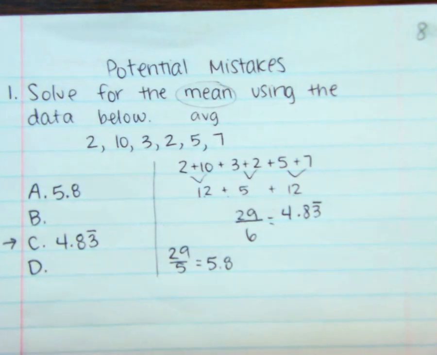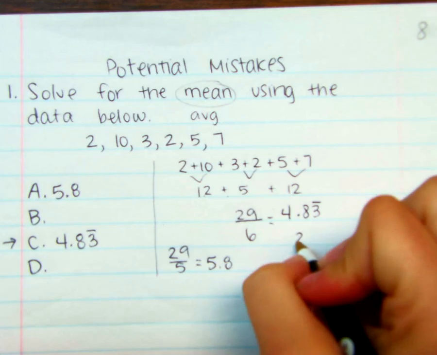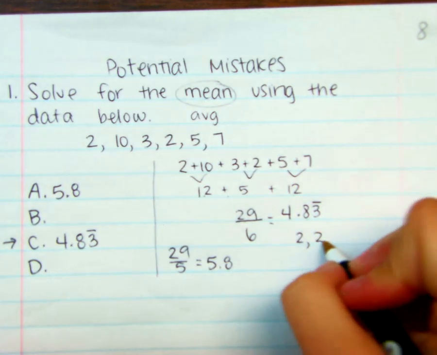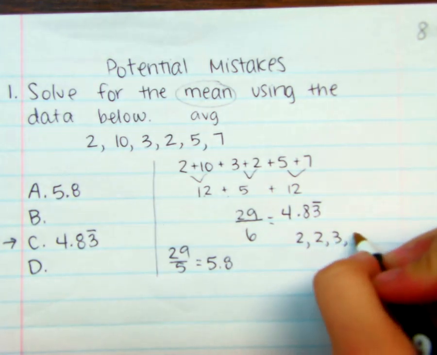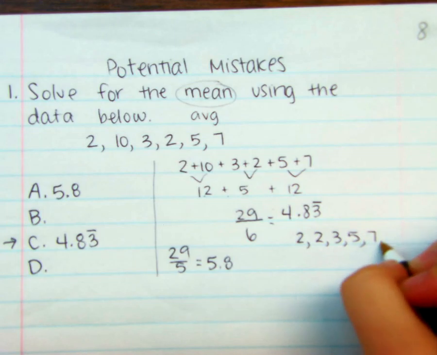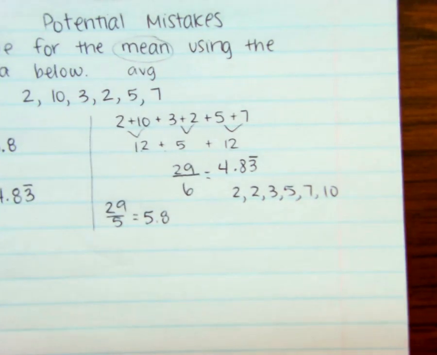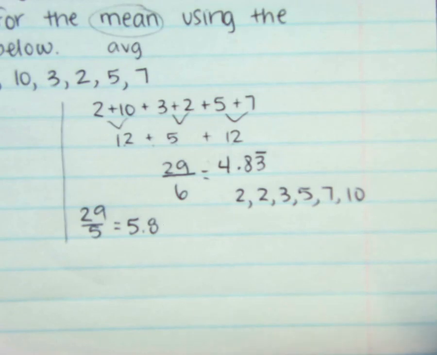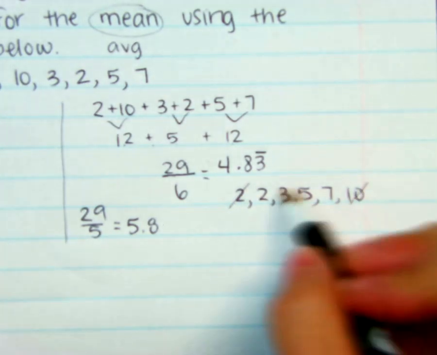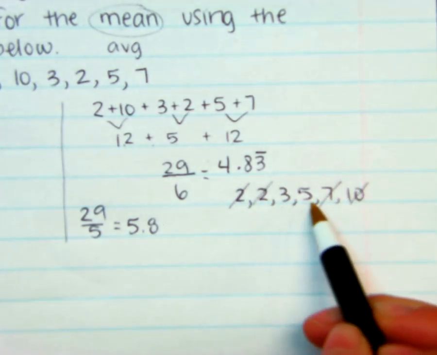What if instead of solving for the mean they solve for the median? So if I put my numbers in order, I've got 2 2's, and then a 3, a 5, a 7, and a 10. So if I put the numbers in order, and then I solve for the median, I end up with 2 numbers.